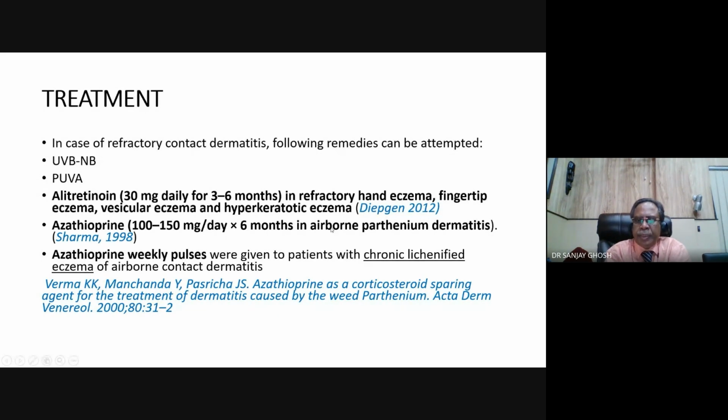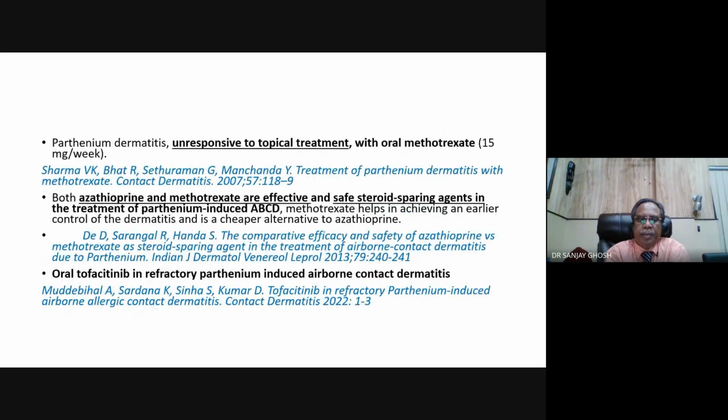Azathioprine has been recommended for airborne Parthenium dermatitis by Dr. Sharma et al., 100 to 150 daily, and also weekly pulse. But I don't prefer this drug too much. In North India, it is a very common habit to use azathioprine, but I know azathioprine has a lot of side effects and toxicity. I prefer mycophenolate mofetil, which is much less toxic, and that's also useful.